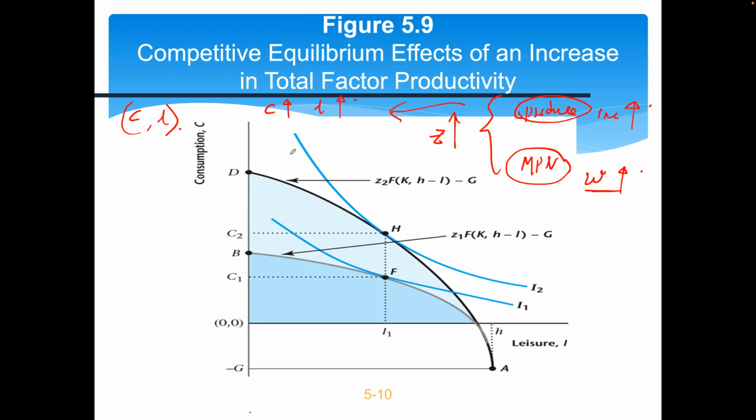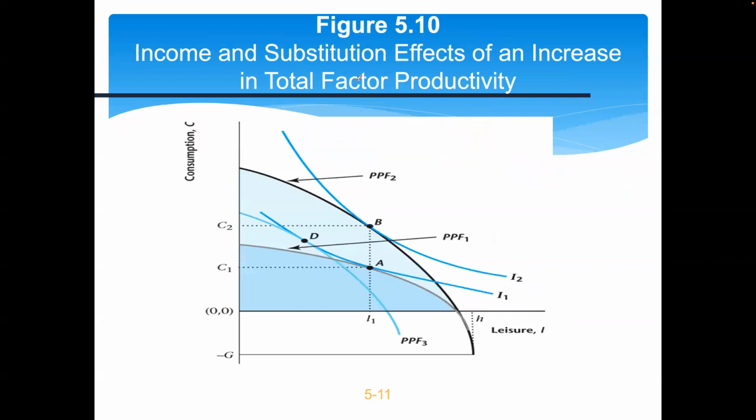If wage increases, then leisure is going to decrease. In other words, the TFP increase is going to have two different impacts on leisure, which immediately means two distinct impacts on labor supply. Here, we just construct a particular case such that these two effects cancel each other, such that leisure doesn't change. But we need to decompose these two. So this is what we're going to do in the next slide.